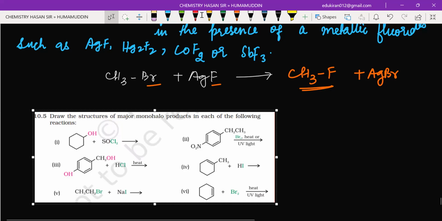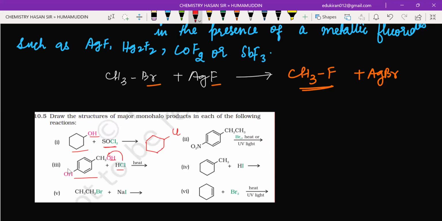See, this is preparation of haloalkane from alcohol with SOCl2, the last one, the best preparation. You just need to replace this and you will get the main product. Now see again, with HCl, this OH will be replaced by Cl.